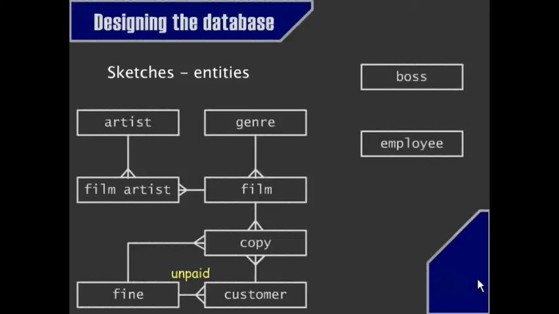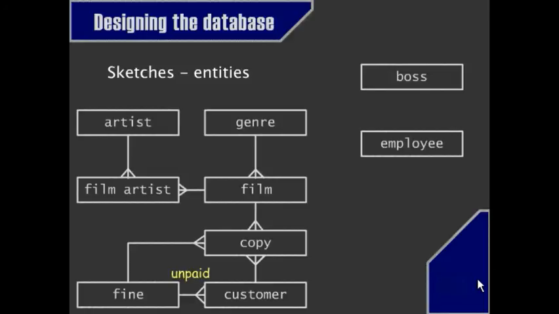So we need to be able to store two different kinds of late fee, essentially. An unpaid late fee, such as the one I've just described, and a late fee where the customer still has the video out. The reason why we don't want to store that information on the customer entity is that it's information that will change from day to day as the video gets later and later and the fees mount up.